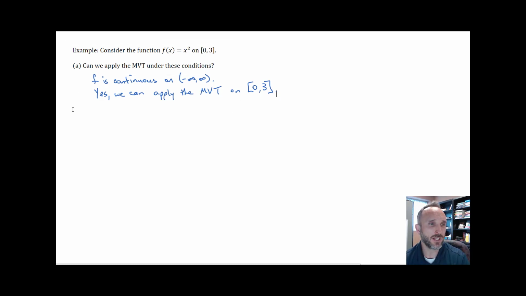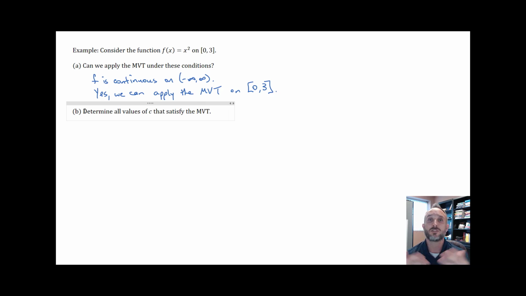Now what are we going to do in the second part? Well, the mean value theorem guarantees that there is a C, remember? So part B is going to be determine all values of C that satisfy the MVT.